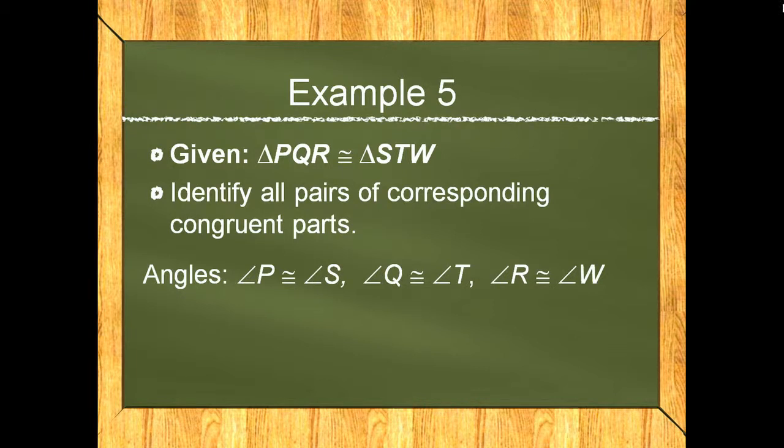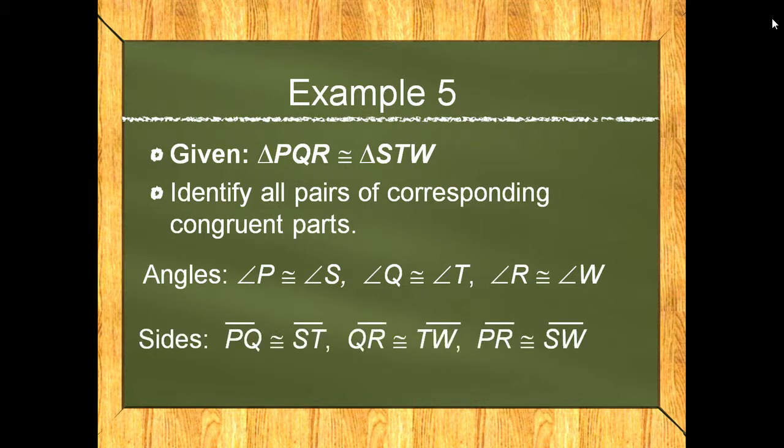The middle two angles would be congruent, Q and T, because they are listed in that order. And then R and W would be congruent. The sides: PQ and ST, the first two; QR and TW; and then PR and SW.